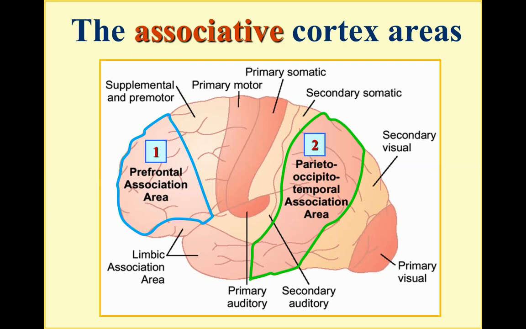It's called Parieto-Occipito-Temporal associative area, very big one. And the third area is called limbic association area. So we have the three main areas for associative cortex, and they have very different functions. And let's see now the functions of these three associative cortex areas.